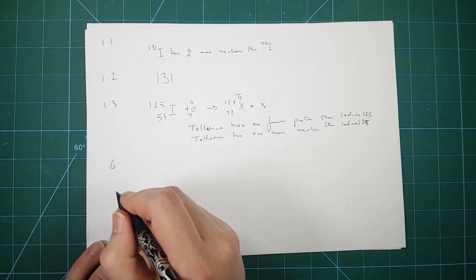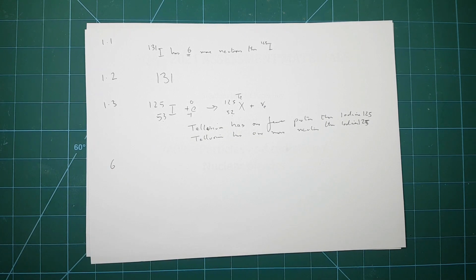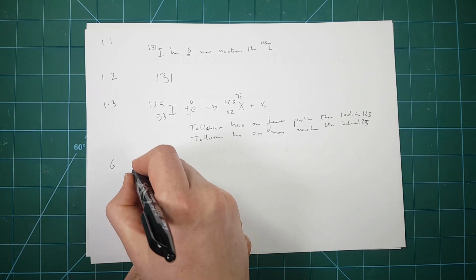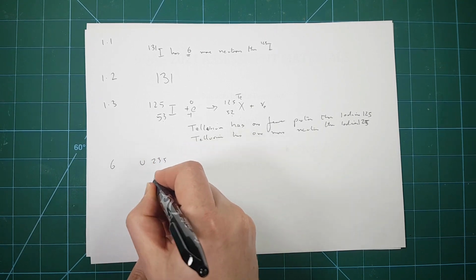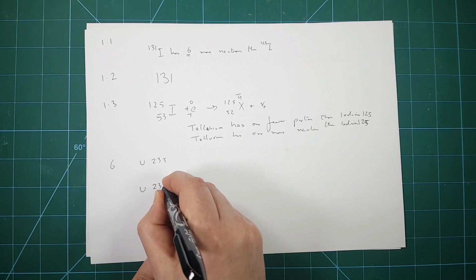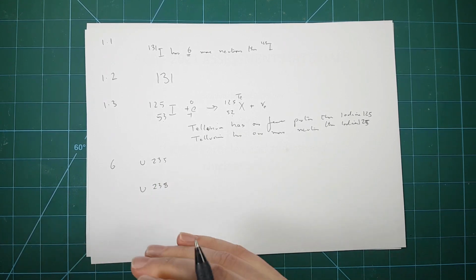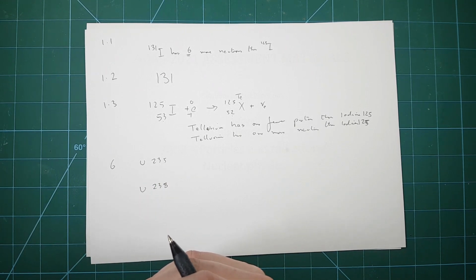Question 6 now. This one is from the June 2020 paper. A thermal nuclear reactor uses enriched uranium. It's got uranium-235 and uranium-238. And it's asking what happens when it interacts with neutrons in a thermal nuclear reactor.